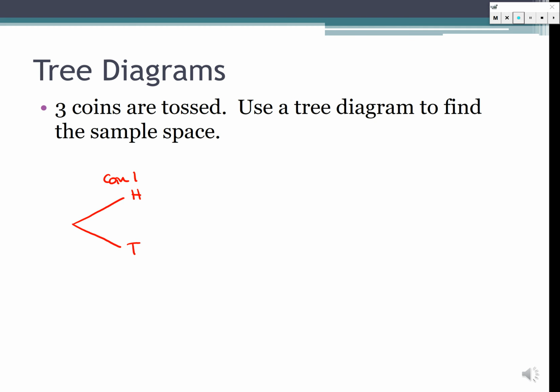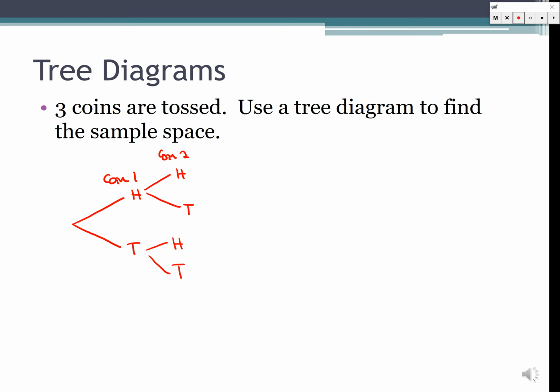Now, after coin 1 lands heads or tails, we have to look at coin number 2. Coin number 2 could then land heads or tails. So you're coming up with, again, all the possibilities. We don't know what coin 1's going to do.